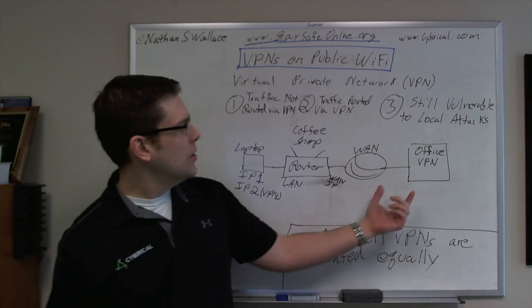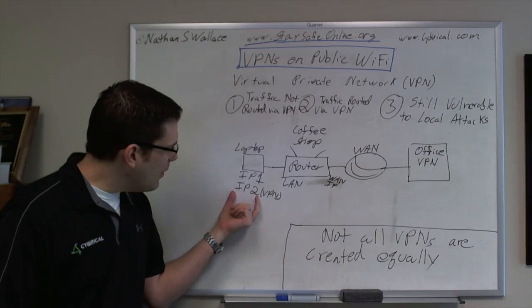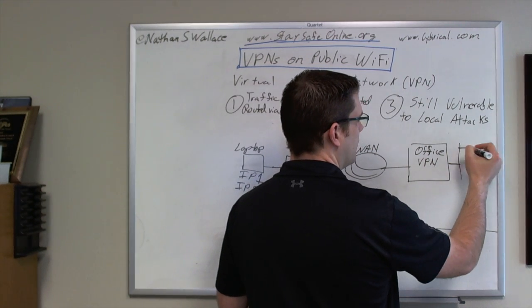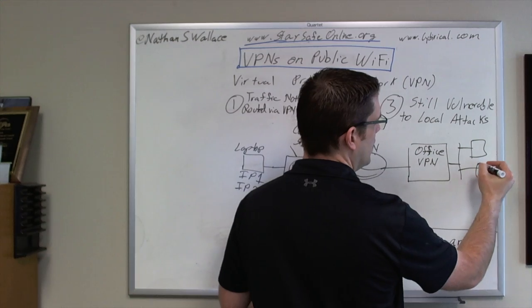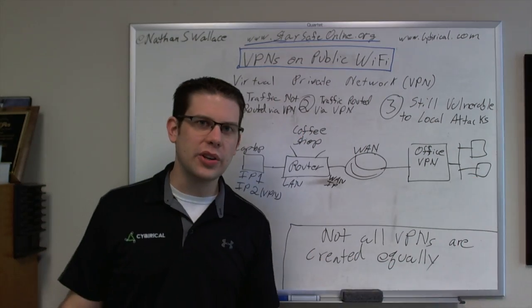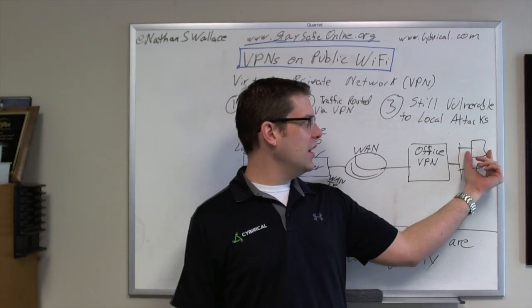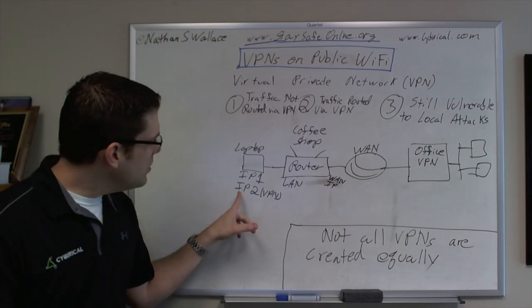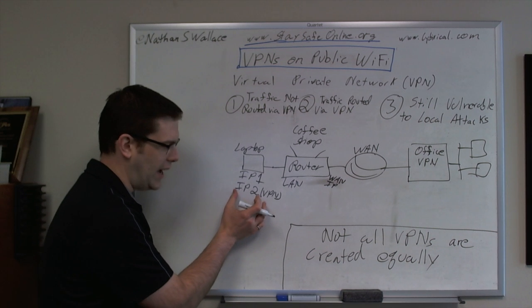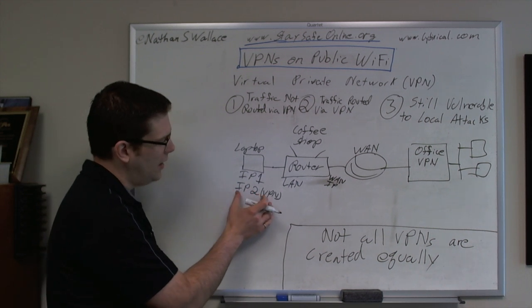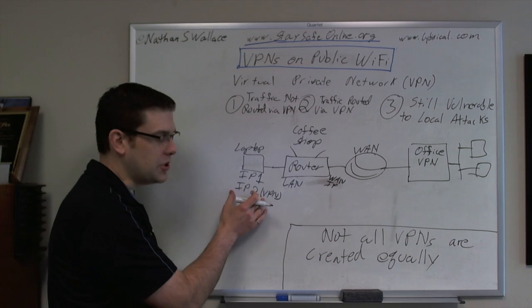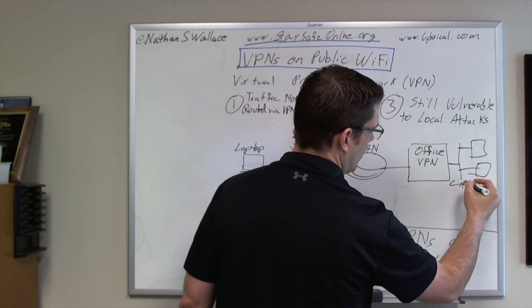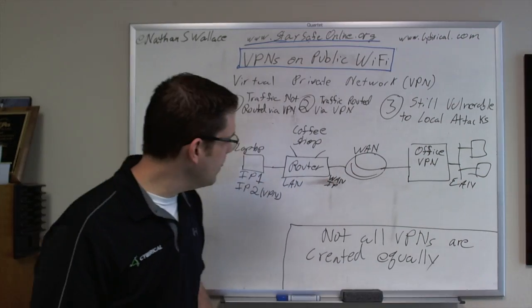Your office gives you that IP2, and that allows you to talk to these devices back here. So let's say that you have a file server back here that you need to access a file on. Now you can do it because you're given that IP2 address, the IP address within this office LAN. So this is your office or work LAN, okay?